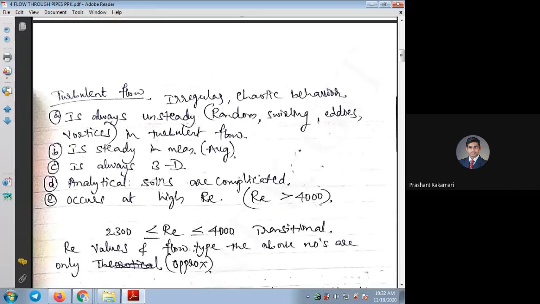And in turbulent flow, if you recall, the Reynolds number range between 2300 and 4000 is transitional flow. Above 4000, when the Reynolds number crosses it, we distinguish it as turbulent flow. In turbulent flow, no one can decide how the flow is going to take place. That is one difficulty.